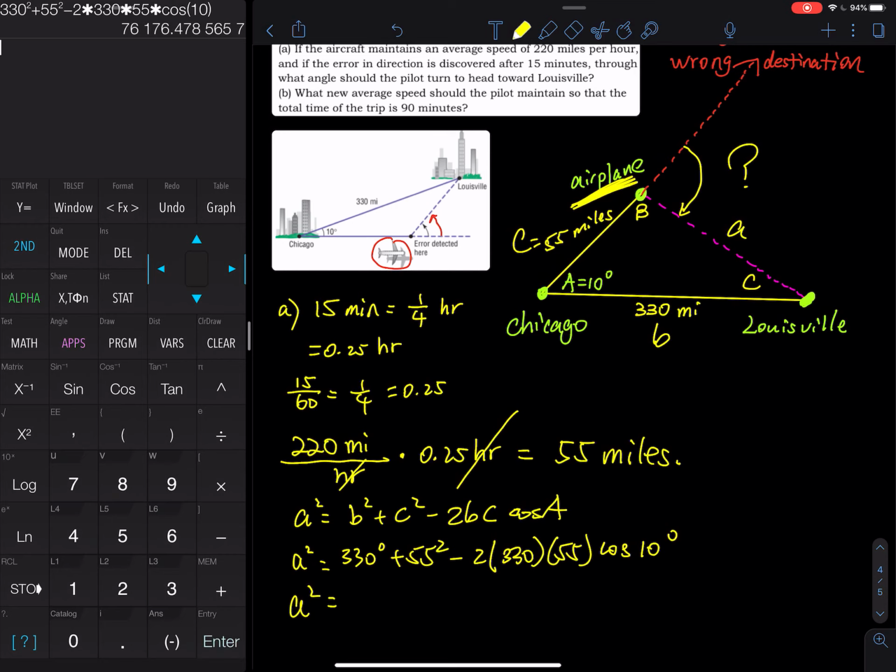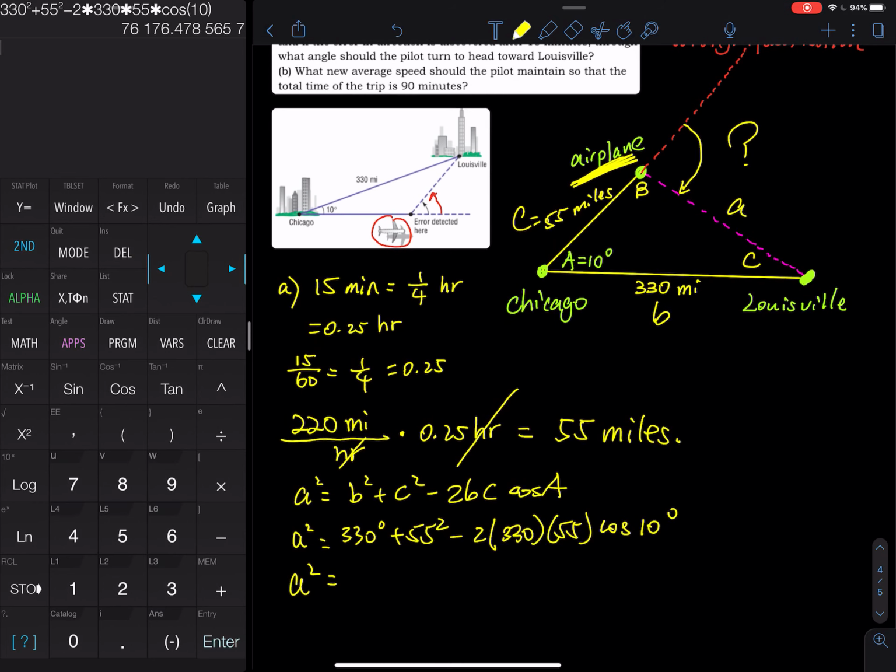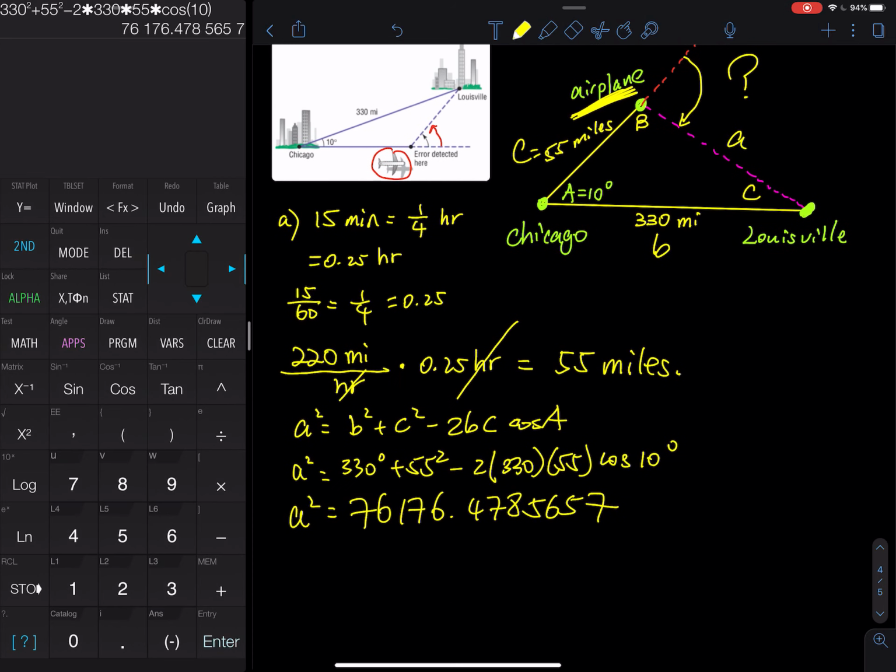So that is around that number. It looks like an exact value to me. So let me just write down 76,176.4785657. All right, and then for A, I will just take the square root of that.